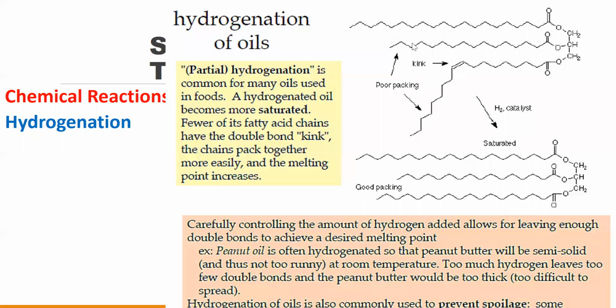The farther the distance from one chain to another, the poorer the force of interaction by virtue of the van der Waals force. And because of that, you expect this one to have a low melting point as compared to the saturated. So the unsaturated triglycerides are expected to be liquid, and the saturated one you expect to be solid at room temperature.